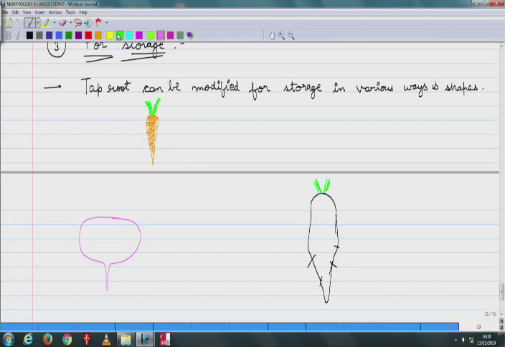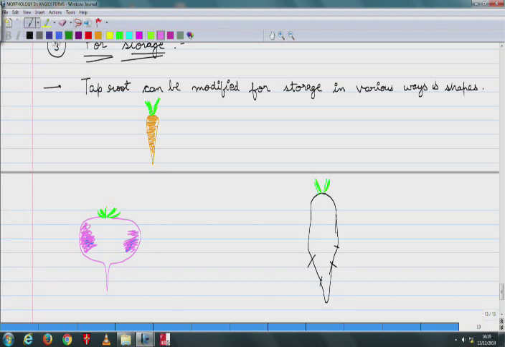I guess you can recognize this one also. Like this. So there are three modifications we are talking about here.